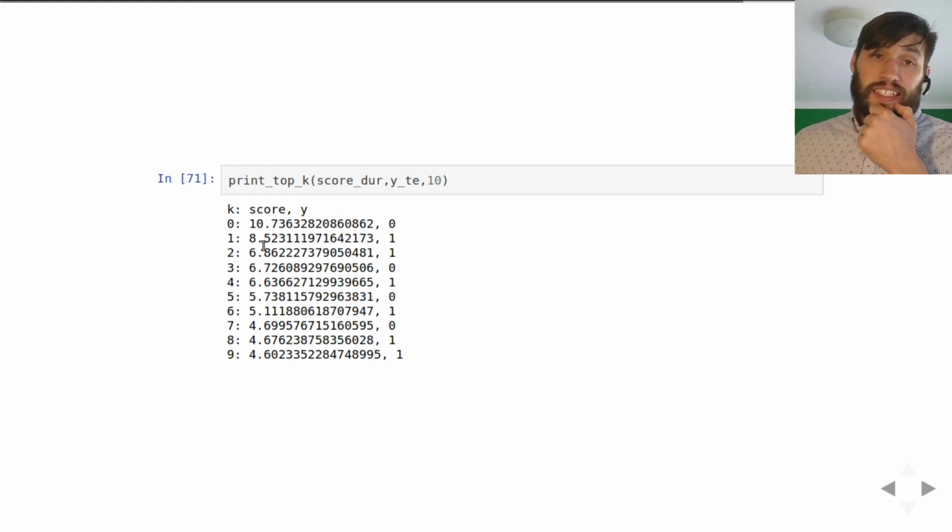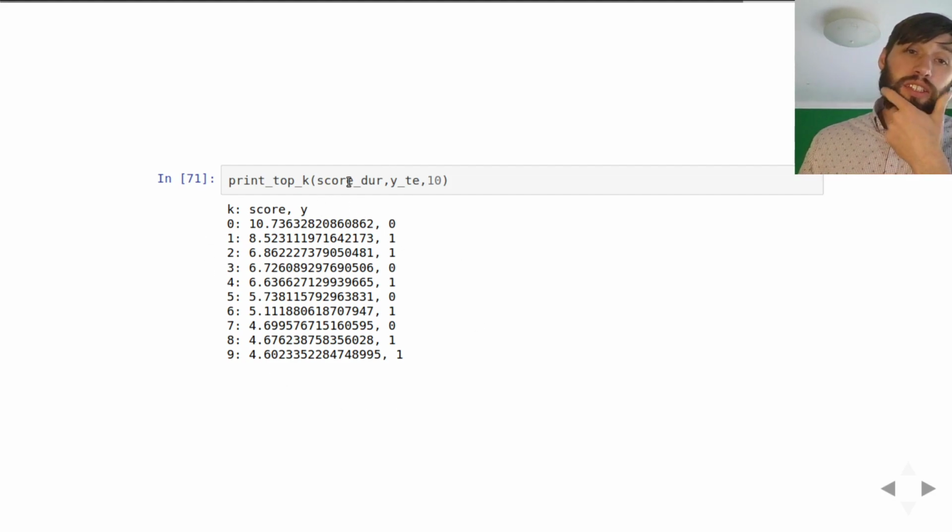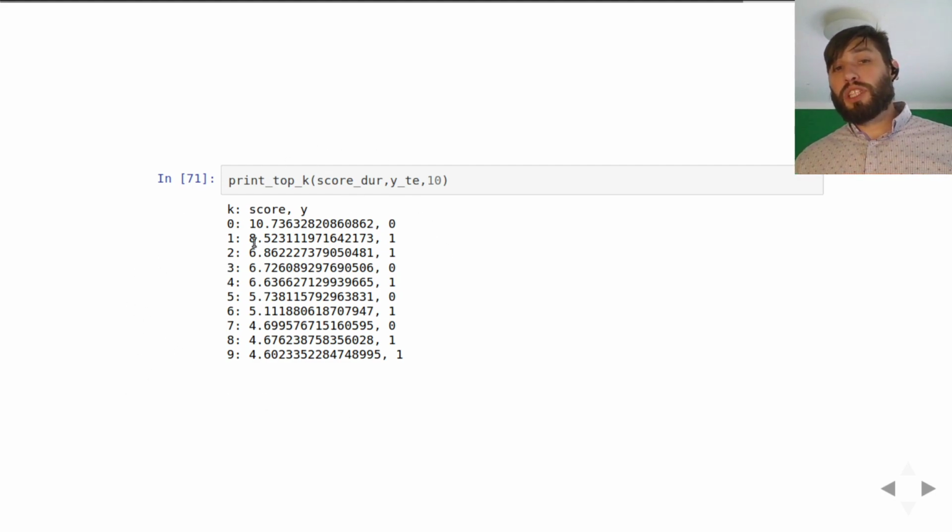If we look at the score duration, another way to think about this, so let's think about the precision and recall now. If we think about just how many of the top, how many are we going to return? If we think about it in the sort of the information retrieval context, what we're doing is we're going to order all of our training points by their score, or all our test points by their score. And then let's just look at what the Y's are for those test points.